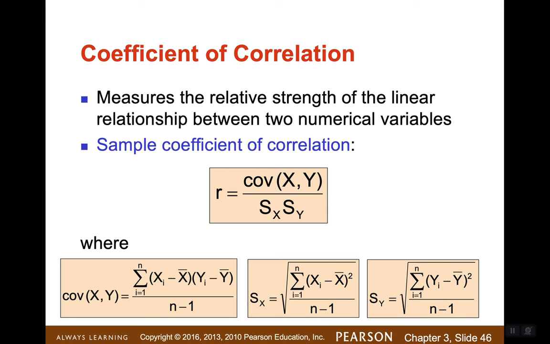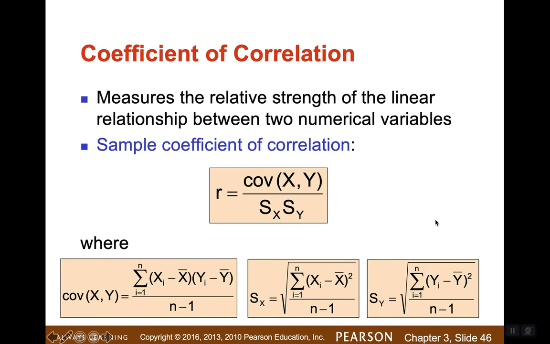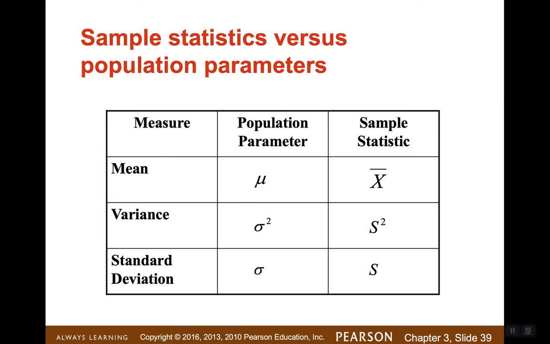Once again, it's a fairly sophisticated-appearing calculation, but the reality of what it's doing is we calculate the covariance first. That's this. And then we take the covariance and S, which, if you remember, is the standard deviation.